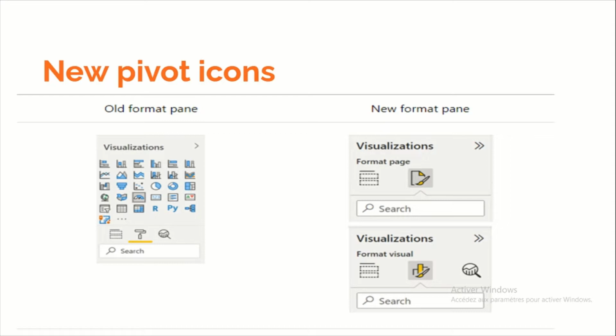Previously, it was hard to find the format page settings. Now, Power BI Desktop added a new format page icon that reflects when no visuals are selected. The canvas is ready for formatting. Okay.